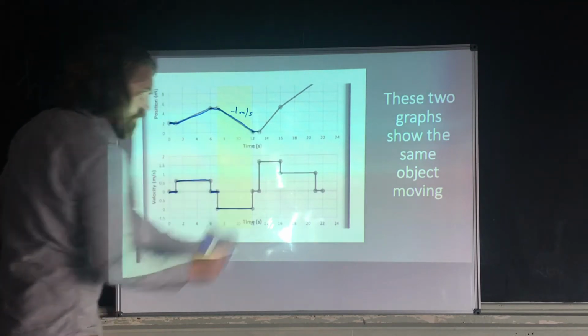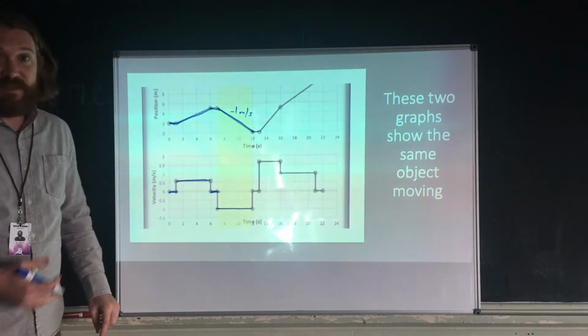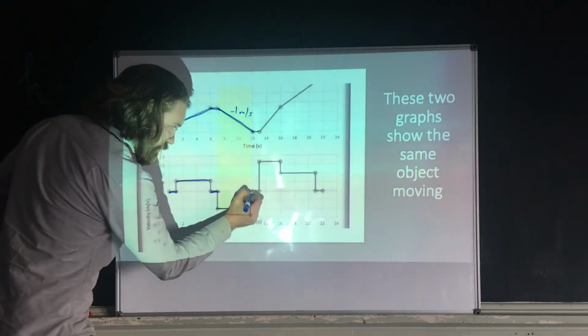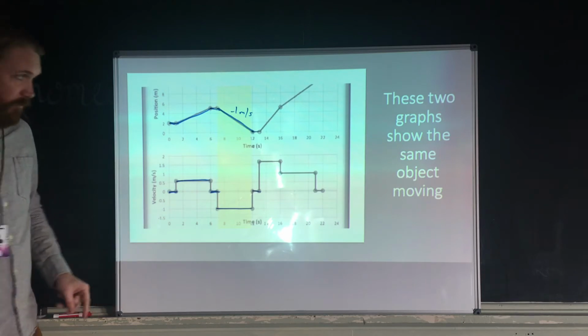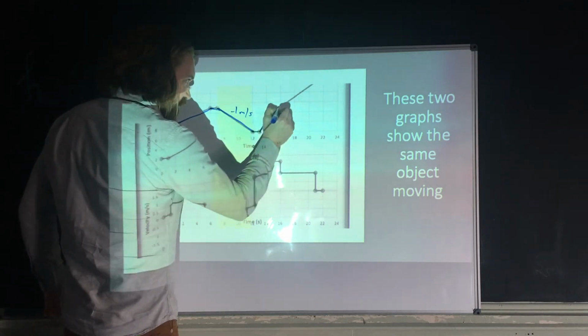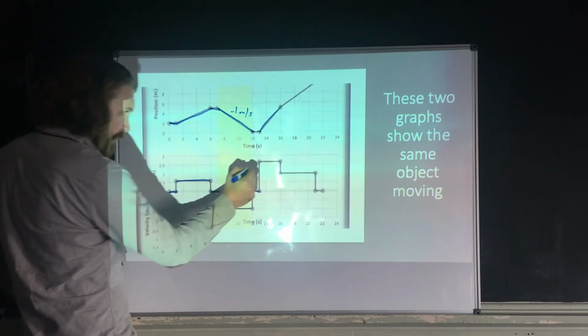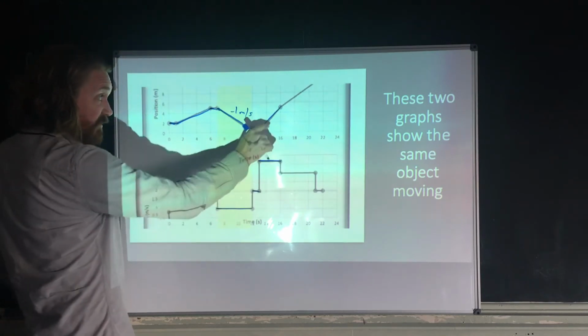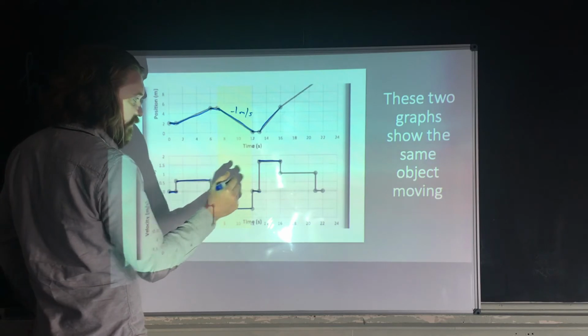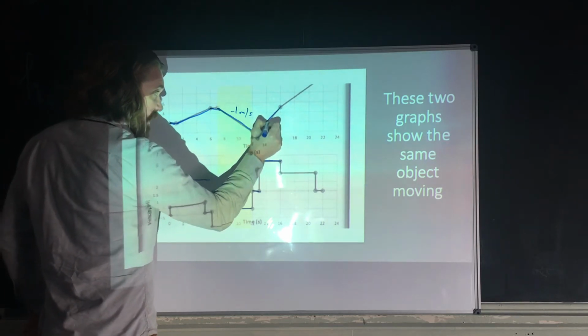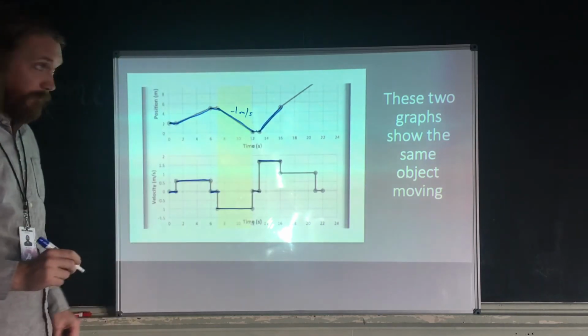From 12 to 13, another flat line means our position doesn't change, which means we have another 0 velocity, we're not moving. We have another positive slope. This time that positive slope is the fastest of all the slopes because it's the steepest. It looks like it's about 1.75. And again, it's a flat line, which means it's a constant velocity.